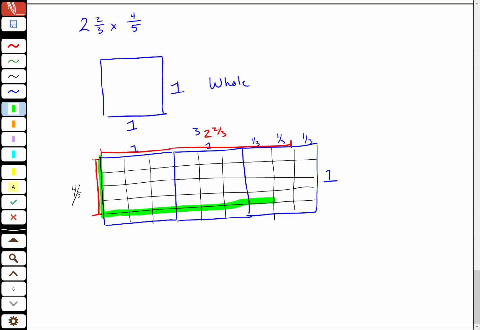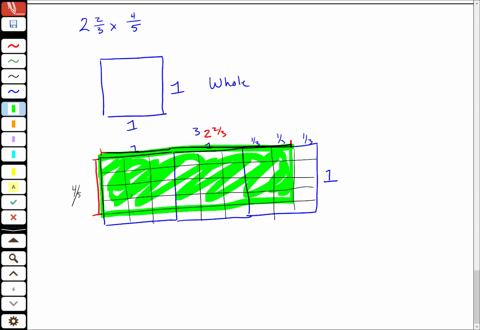So there's a 4/5. I go to that corner, all the way across to the red line, up, and then back to the original corner. And that rectangle is the 4/5 times 2 and 2/3 rectangle. Right? Okay. So that represents the area that I'm trying to find. Good.